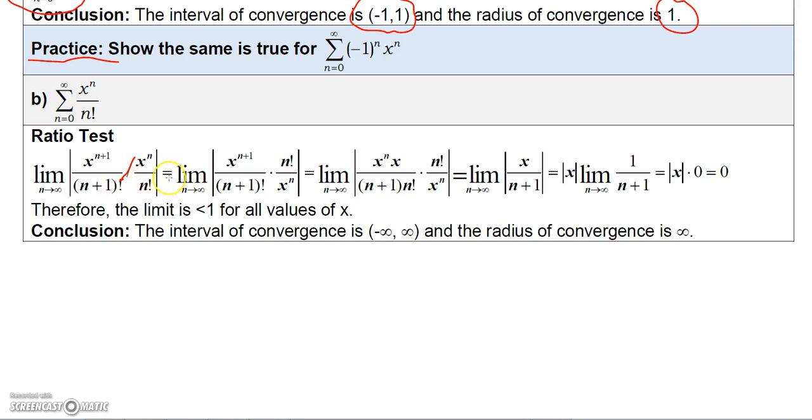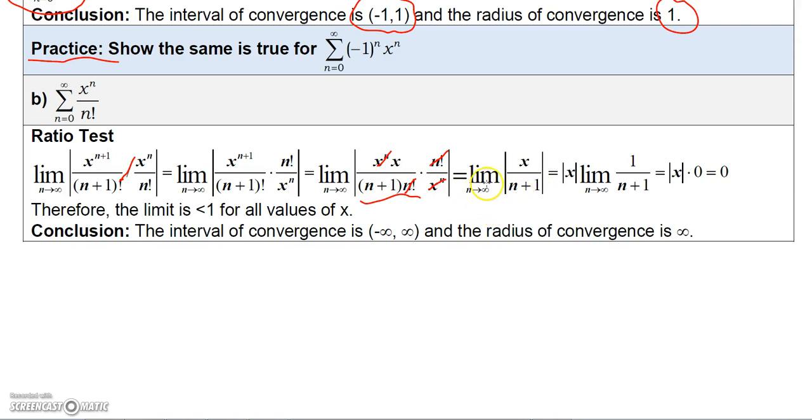When you divide, you invert and multiply, so we'll flip this over and multiply by n factorial over x^n. We know that (n+1) factorial can be written as (n+1) times n factorial, and so the n factorials cancel, and x^(n+1) is the same as x^n times x, so we can cancel the x^n's, and then we just have x over n+1.